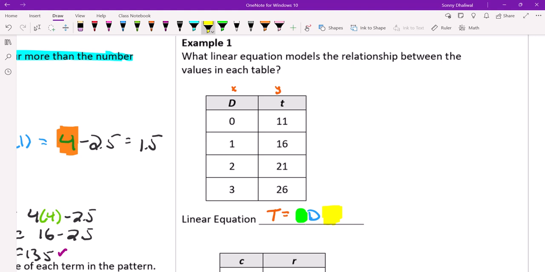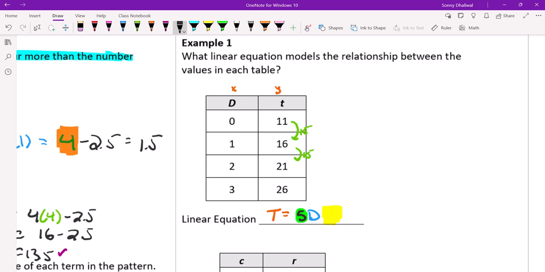How do you notice the values changing? They go up by 5. So this is going up by 5, plus 5 each time, right? So the coefficient tells us for every 1 increase in d, t goes up by 5.